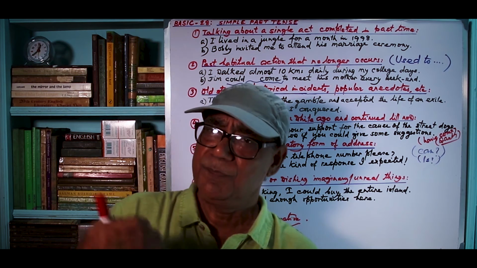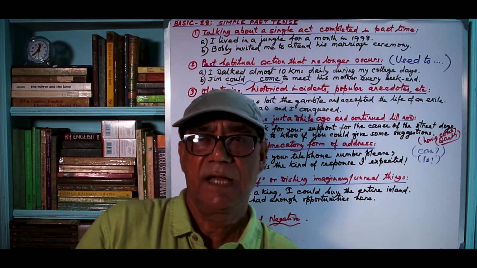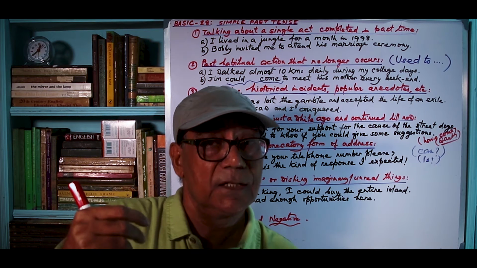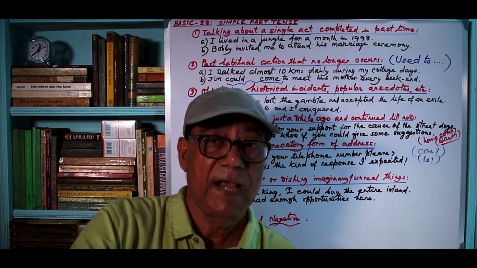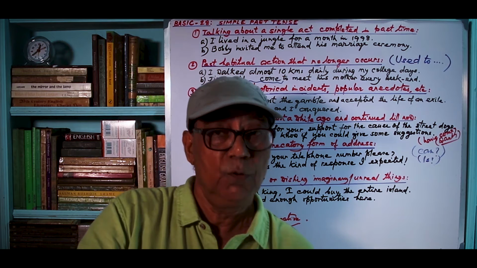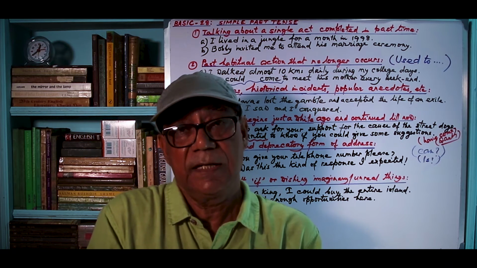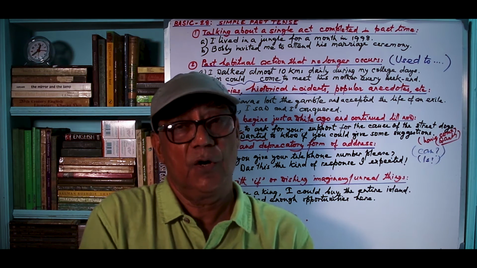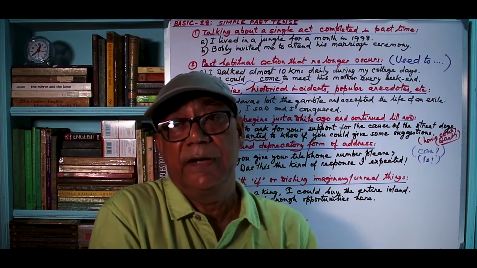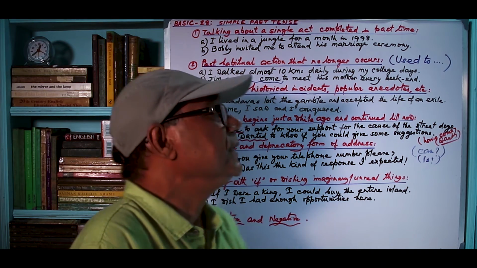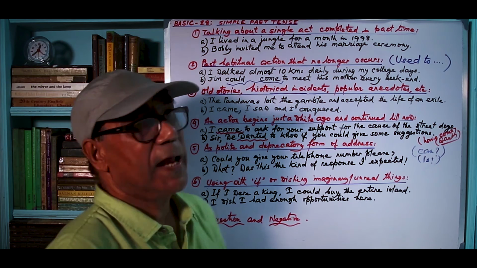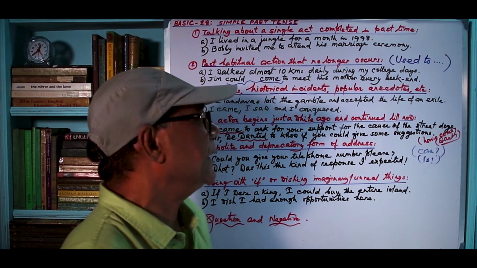Jim could come, or Jim just came to meet his mother every weekend. So this is a habitual action. He used to do it regularly. So an action that had some regularity in the past time comes within the definition of habitual action in the past time.